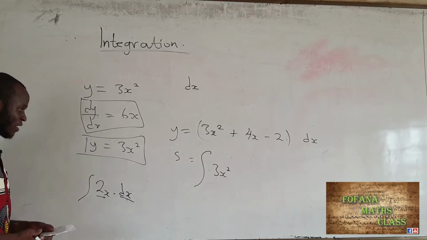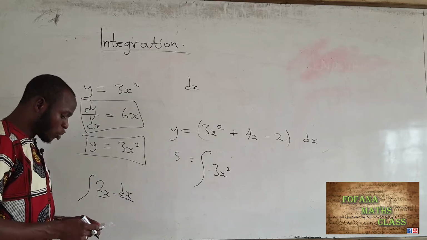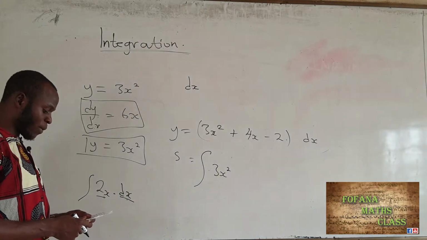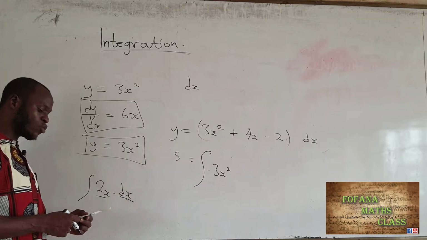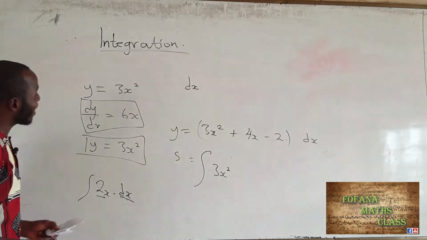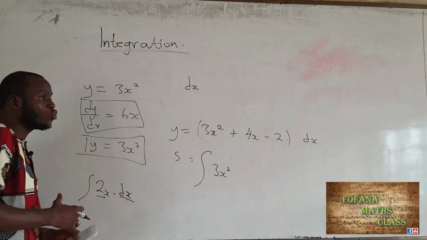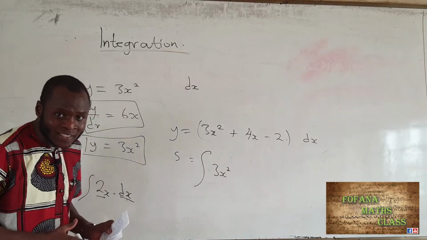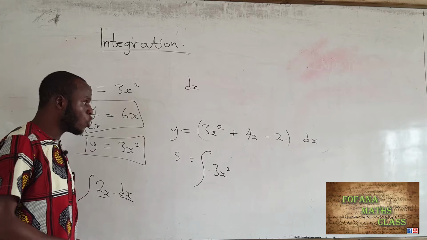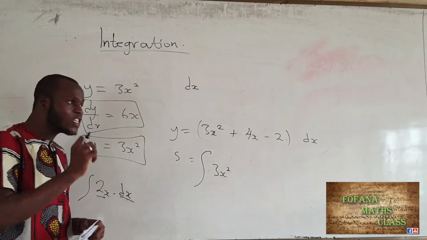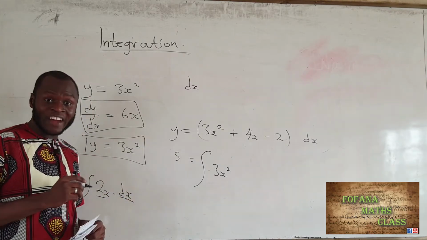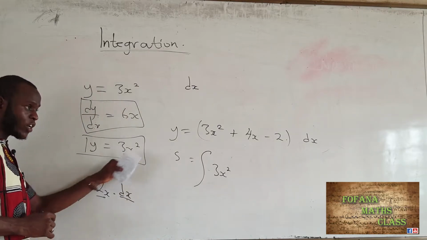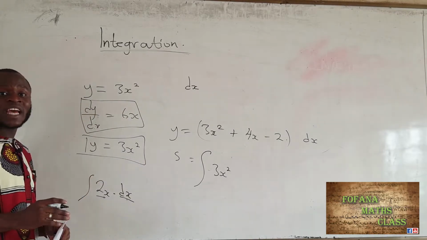Now the third point is, in order to allow the possible presence of a constant, whenever the process of integration is performed, a constant c is added to the result. That is, to show that the integration we are dealing with is an indefinite integration, we add a constant c to the expression we obtain after integration.